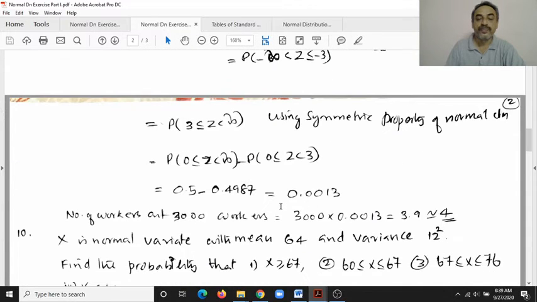So it is 0.5 minus 0.4987, which is 0.0013. So the number of workers with income less than 600 will be 3000 times 0.0013, which is 3.9, approximately taken as 4. So that is the number of workers having income less than 600 rupees.